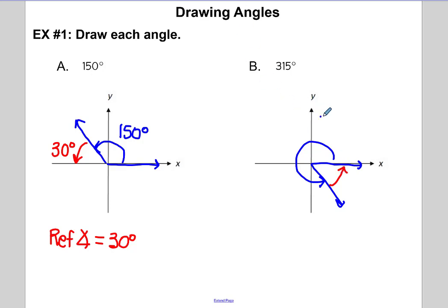So if our initial angle, or our positive angle, is 315 degrees, then 360 minus 315 would leave us a reference angle of 45 degrees. So we could call that theta prime is 45 degrees, since theta is 315.